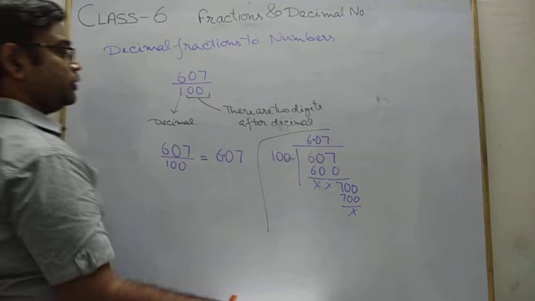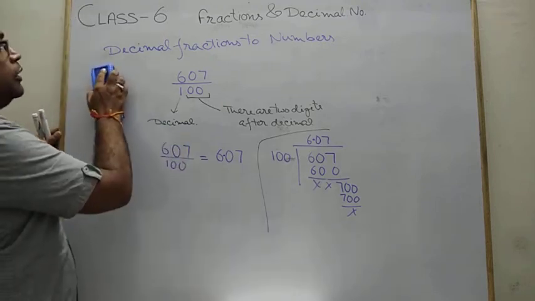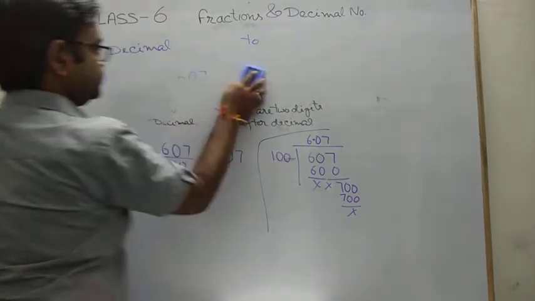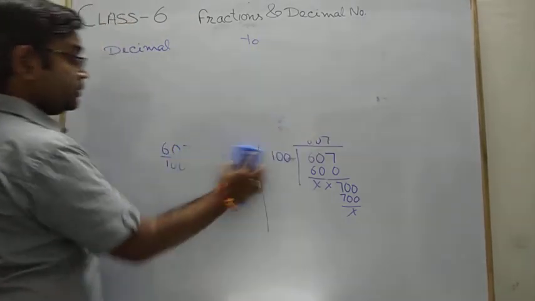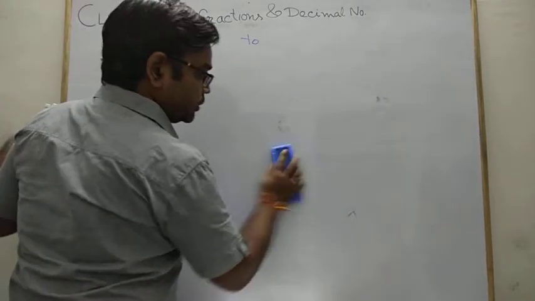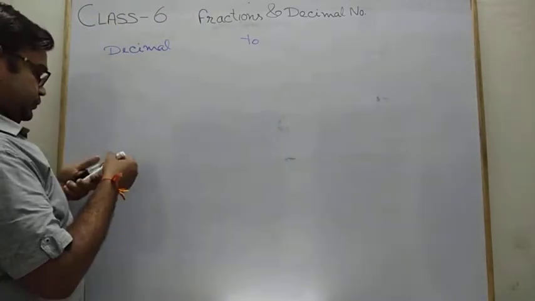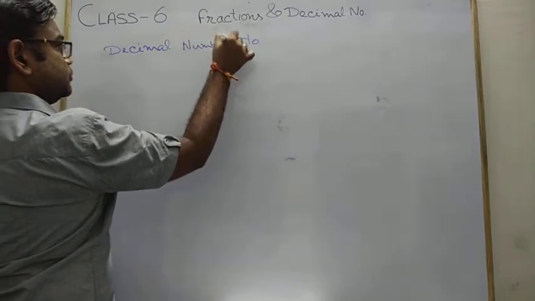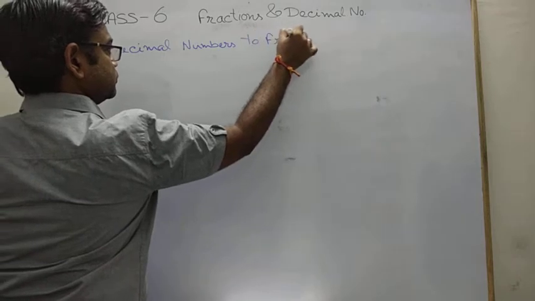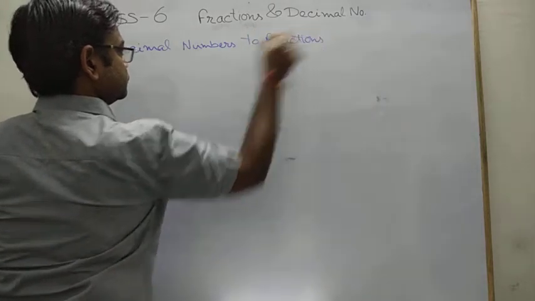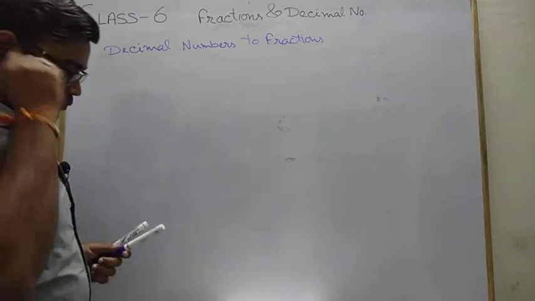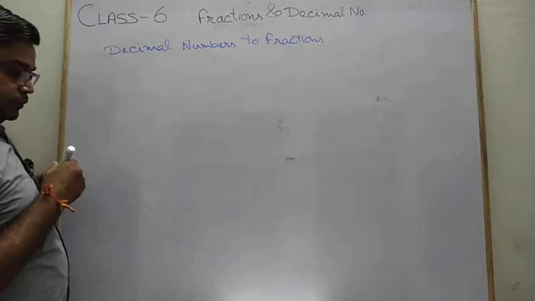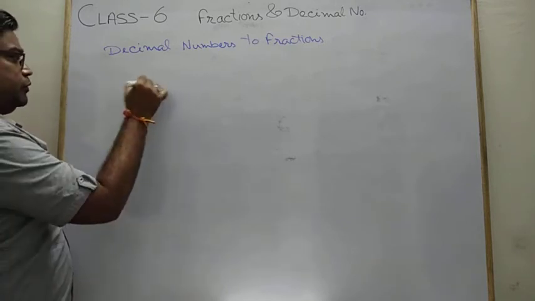Now you know how to convert a decimal fraction to a number. Now I am going to show how you convert numbers to fractions. Numbers to fractions is just the opposite of fractions to numbers. Suppose we have the number 3.54.